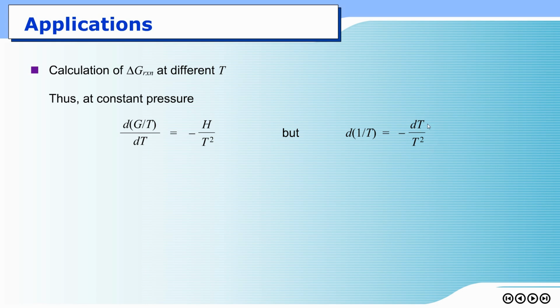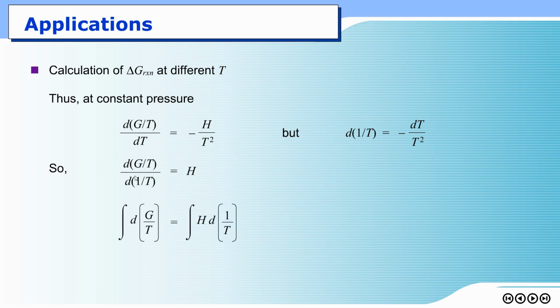You can rearrange the equation, so dT would equal minus T squared times d(1/T), and plug it here. So on the left hand side you get d of the ratio G over T over d of 1 over T, and on the right hand side this T squared and this T squared cancel out. This minus sign and this minus sign cancel out as well, leaving only enthalpy on the right hand side.